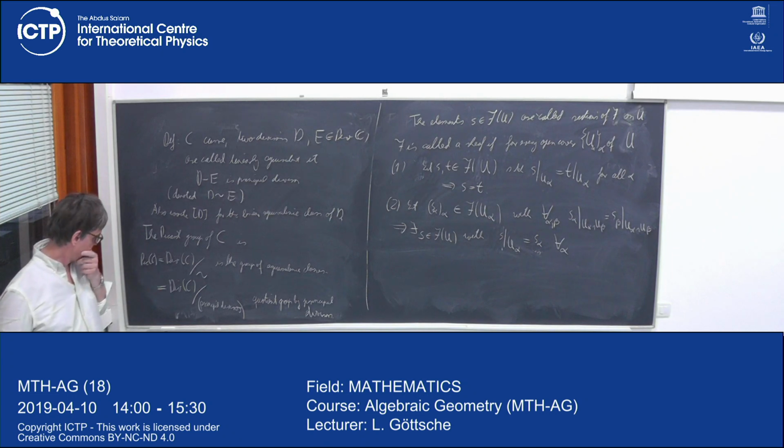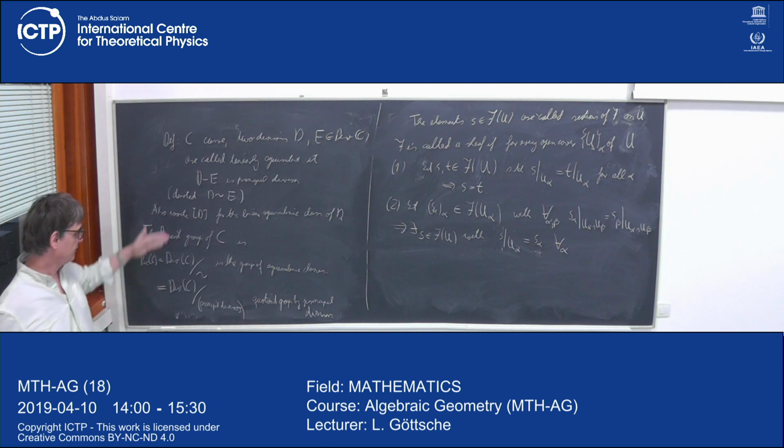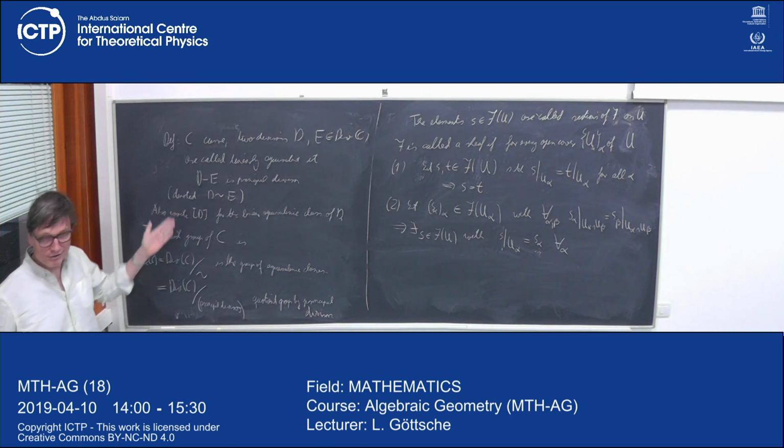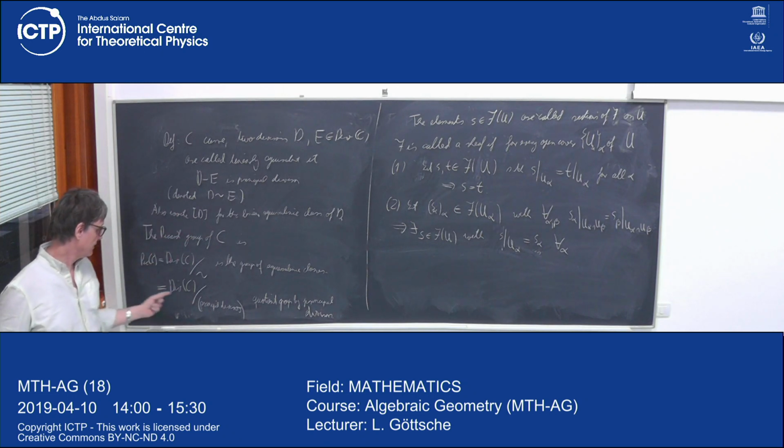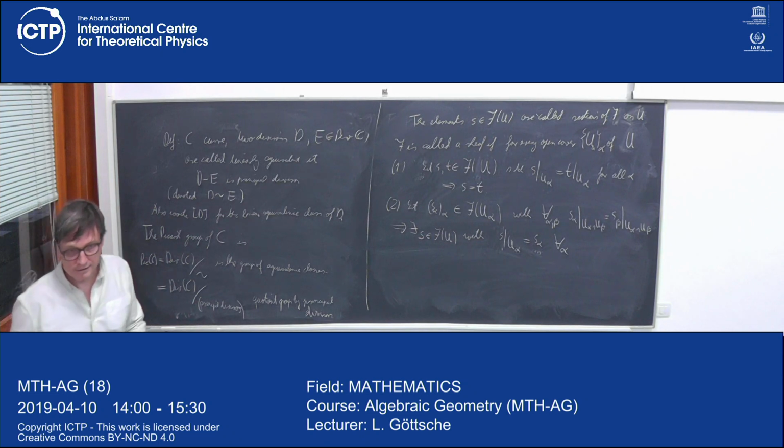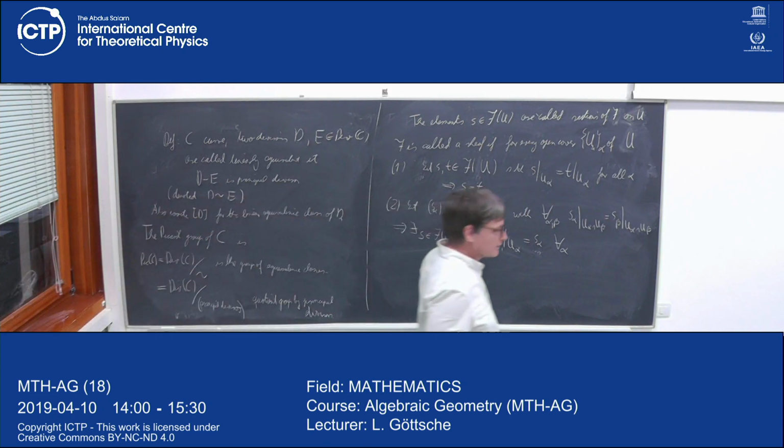And this actually is a very important invariant of C. With a little bit of extra structure, C is up to isomorphism determined by its Picard group in a suitable sense, so it contains a lot of information. Before, the divisor group is kind of a stupid thing because there's no structure there, but once you take this quotient, it contains in some hidden way all the information about C.